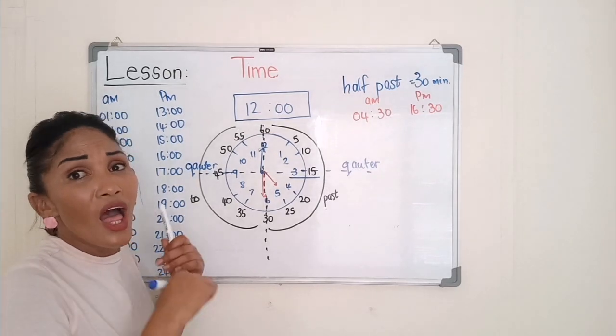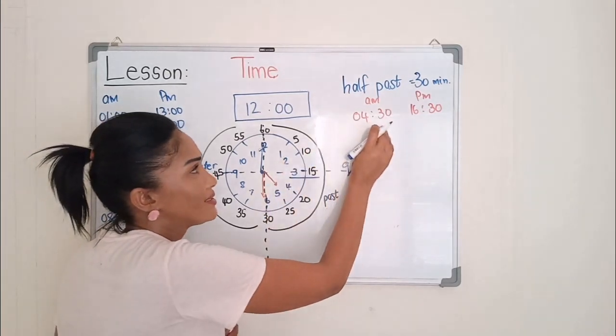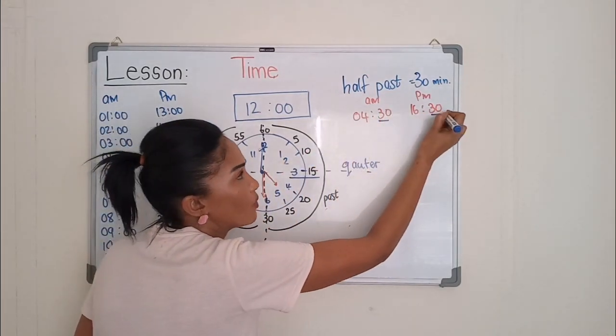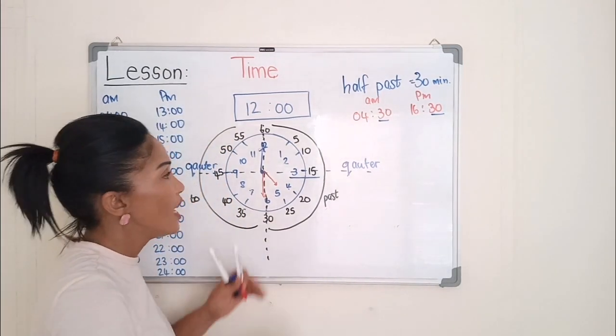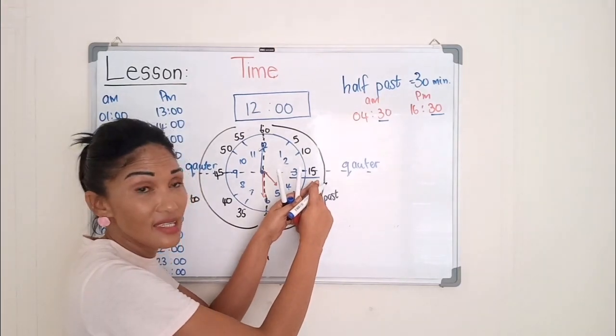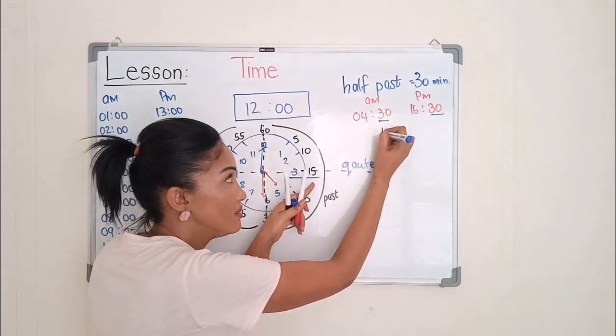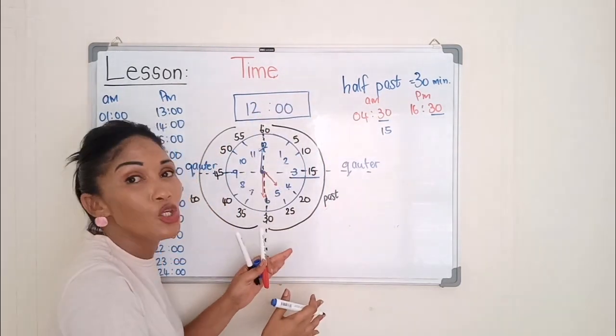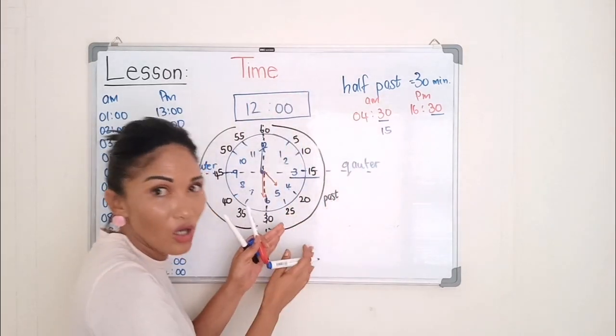Okay, the only thing that is going to be written down by your minute side in the digital clock is you are going to look where the 3 is. So if the 3 is 15 on the past side, you say it is quarter past.